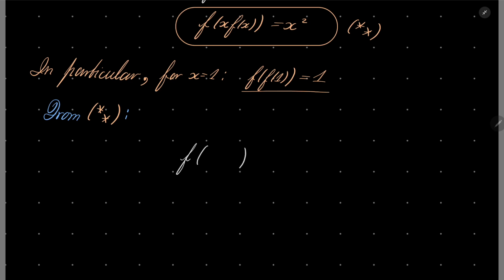Originally we have f(x)f(x), and that equals x squared. And now I will multiply both sides of this equation by x times f(x). And finally, I will do one more thing. I will apply function f on both sides.